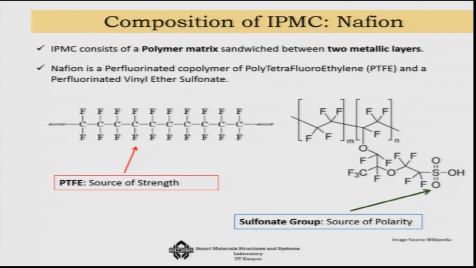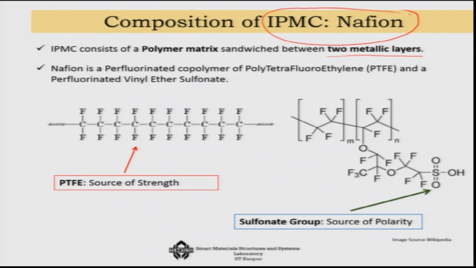Now, if I focus on one of the most important ionic polymers, which is known as Nafion, you would see that it has a polymer matrix sandwiched between two metallic layers, like these two electrode formations that I have shown you.